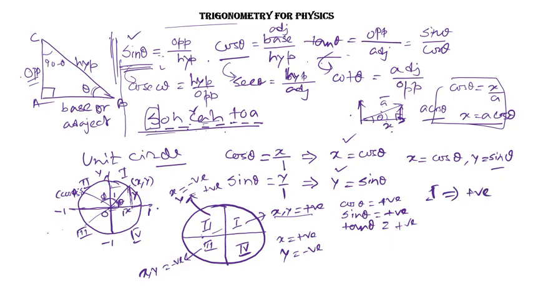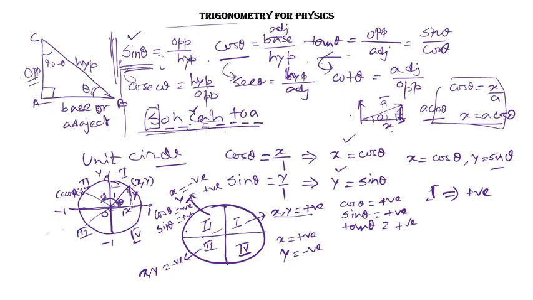Now come to the second coordinate. What is there? If you see that x is negative, that means cos theta is negative. Sin theta is positive, because the y coordinate is positive.